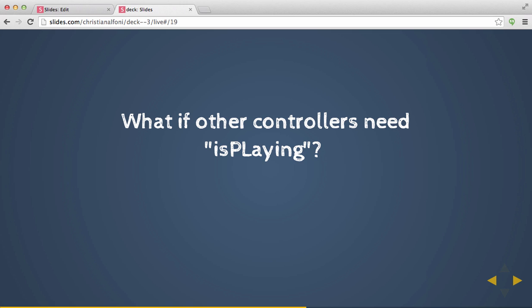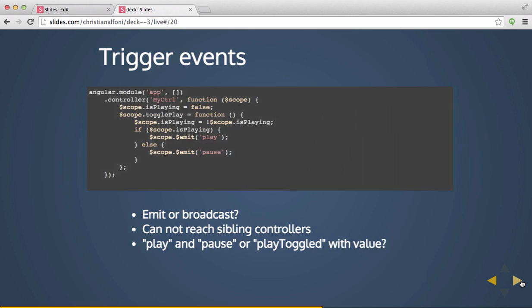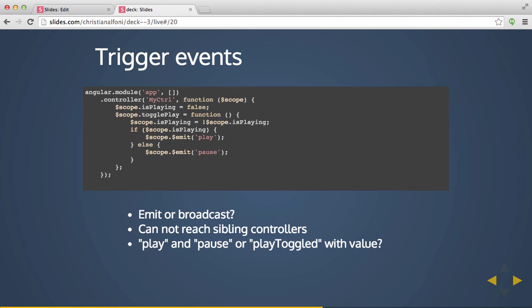And we're going to look at some examples now how we would solve this problem with Angular. And then we're going to look more into FLUX and how it would work there. So back to our example with Angular. We could trigger events.